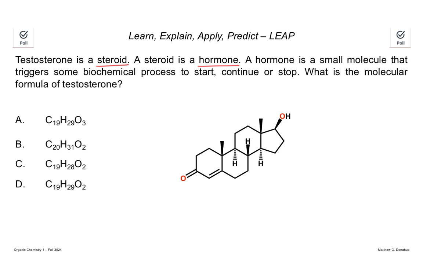And so let's walk through the exercise we just did, but now we're given the structure of testosterone. It's right there. We're going to go through exercises we did in Module 1. But then we're going to pose the question later on: if we didn't know the structure of testosterone, but we did have its molecular weight, could we convert the molecular weight into a molecular formula?